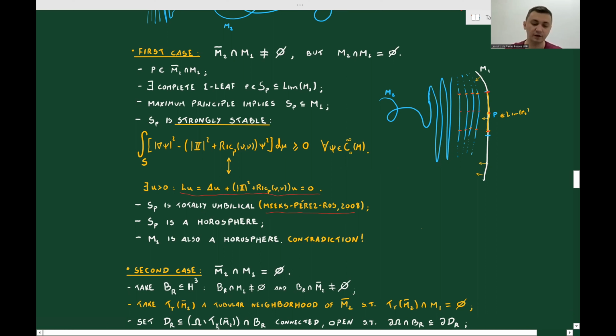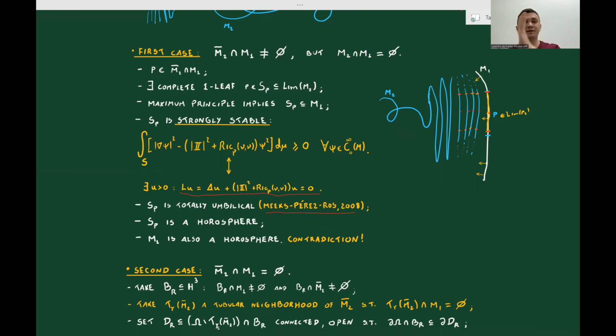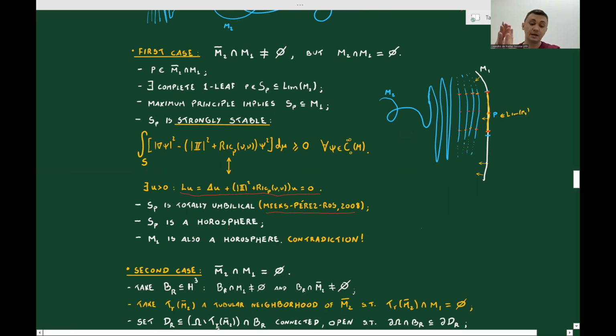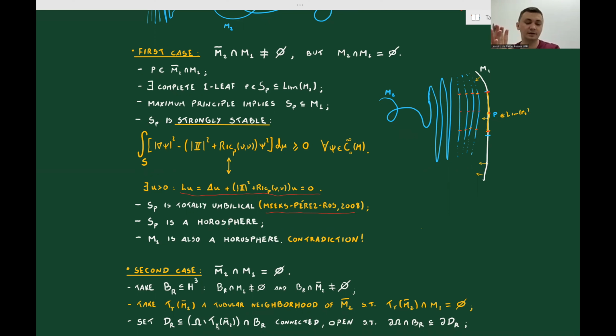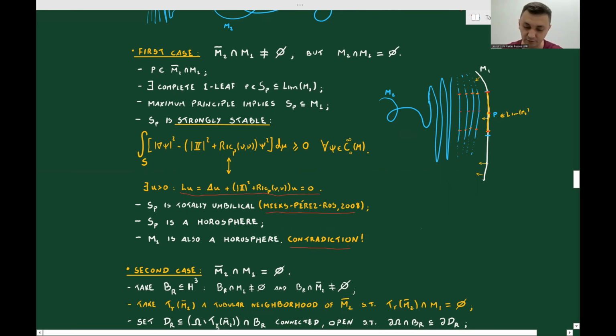And in this case, we deduce that S is actually a horosphere, but because of the maximum principle, S is inside M1, which is a proper surface, and we have a horosphere inside. So in this case, M1 must be a horosphere, but we are assuming that M is not a horosphere. So we get a contradiction in this case.